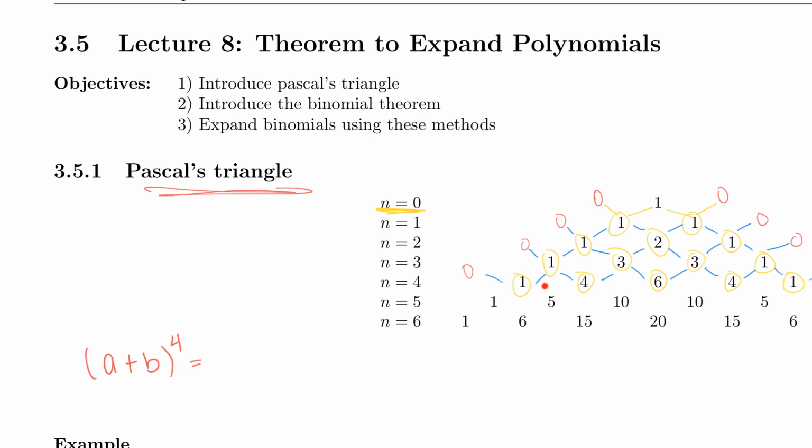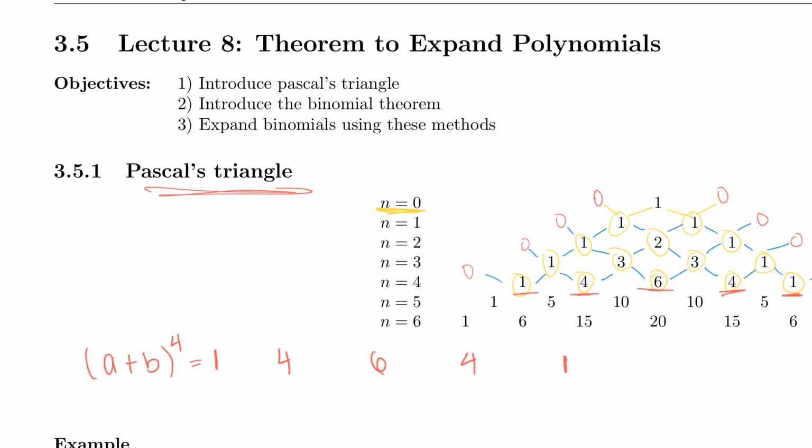Okay, so we are interested in this row. Once we have identified the row that we want, we copy all those numbers. So we start with 1, then we have 4, then we have 6, then we have 4 again, and finally we have 1.